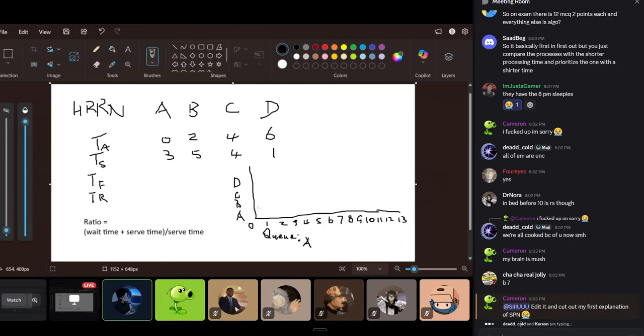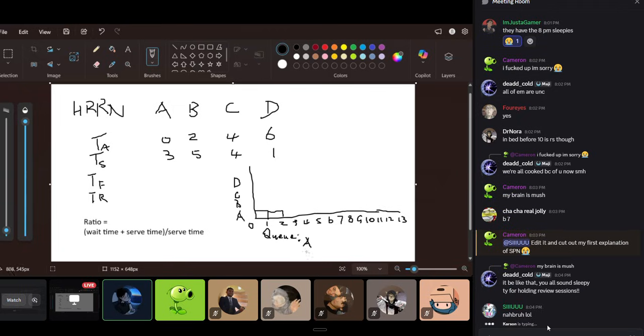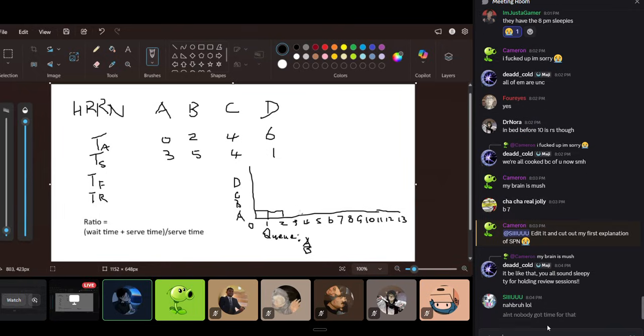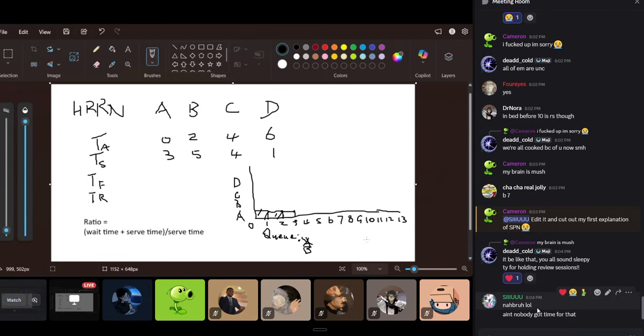A is going to run 3 times. So it runs 1, 2, and at time 2, what happens? B is going to be in the queue. Because this is non-preemptive, A runs through the whole thing, and we finish A off.